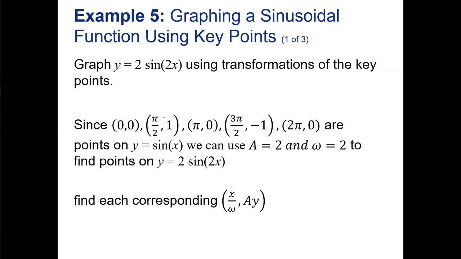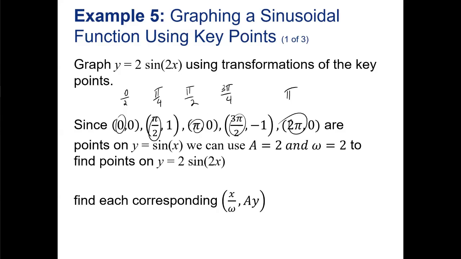Okay, so we should probably do it on this slide. The new x coordinates are going to be x over omega, so that's 0 over 2, pi over 4, pi over 2, and 3 pi over 4, and pi, if I divide each of these by 2.